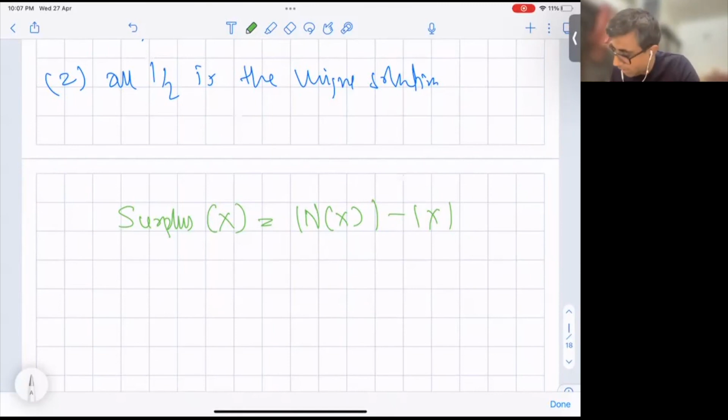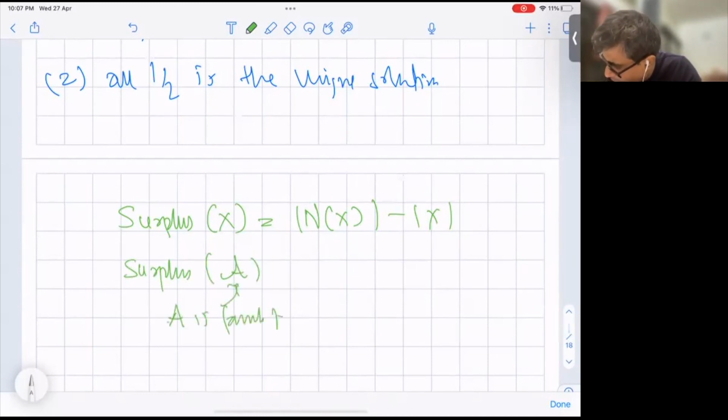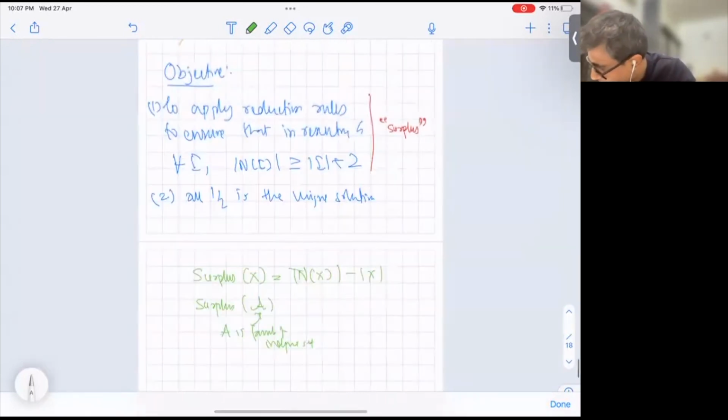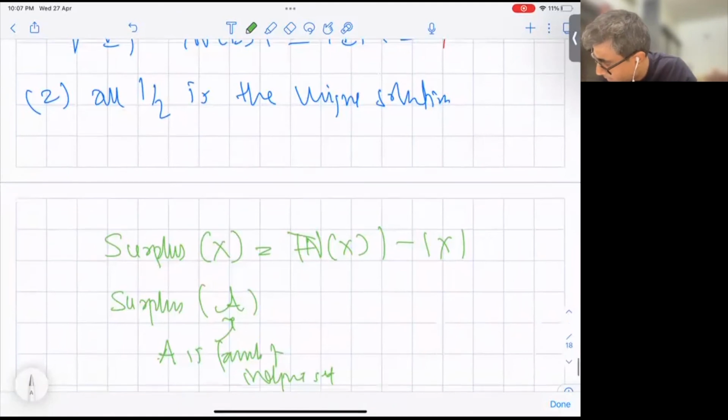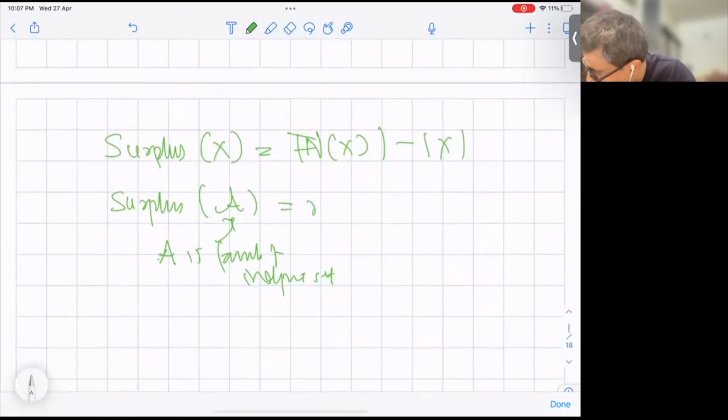Okay. And the surplus of A, where A is a family of independent sets, is basically equal to the min over X in this set A of this quantity.